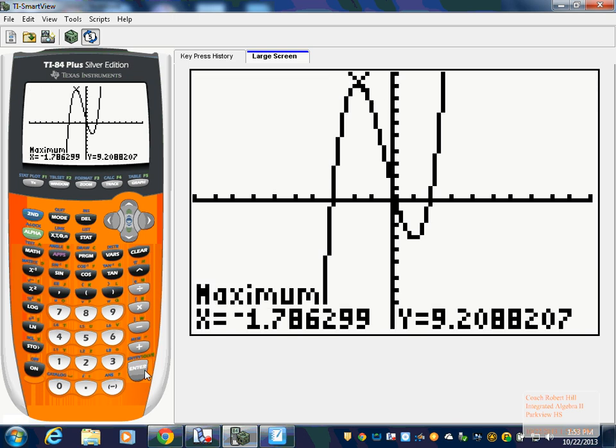Negative 1.79, and 9.21. Oh, these are approximations, so I guess I should put an equal sign with a dot over it. Or if these are approximations, then squiggle them. Approximately. Max. Approximately. Yeah.